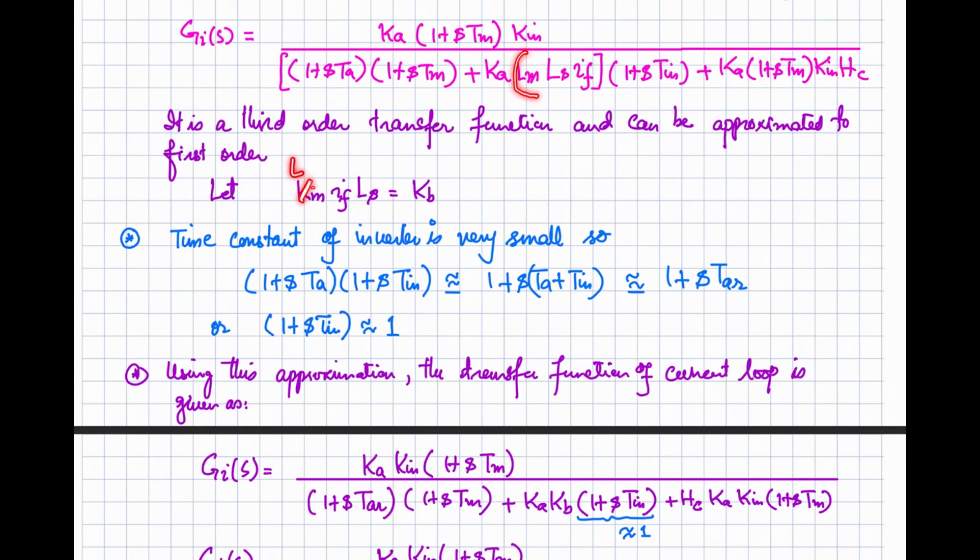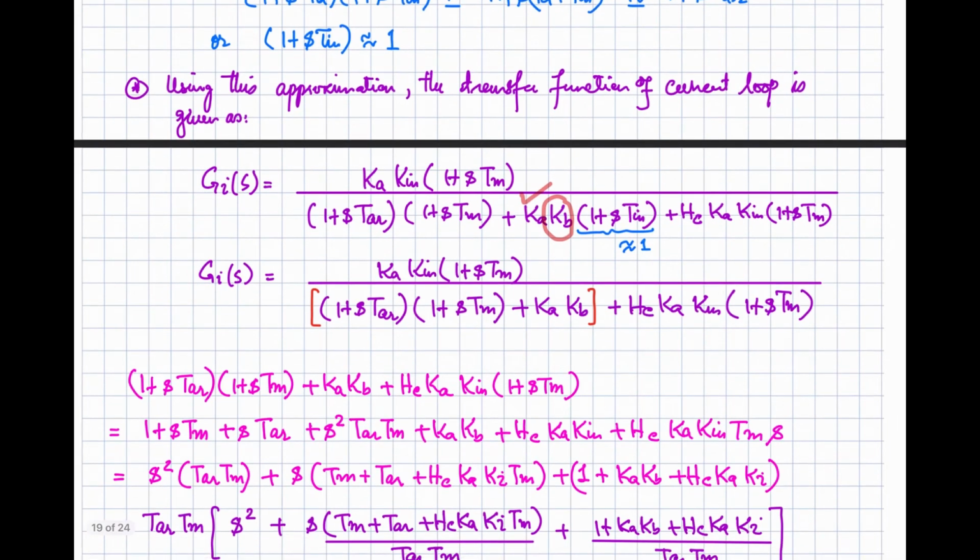Sorry, this is not Km, this is Lm into If into Ls, that is equal to Kb. So let me correct it. This is Lm. Okay, so that's why you can see the Kb over here, Kb into Ka and this term.